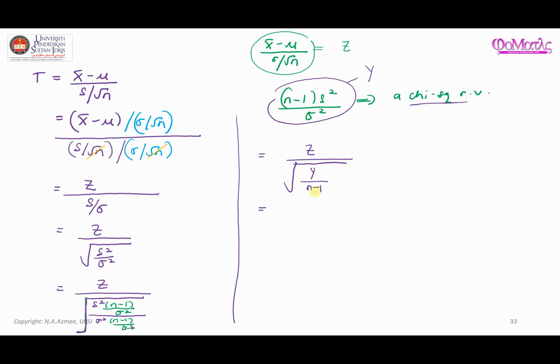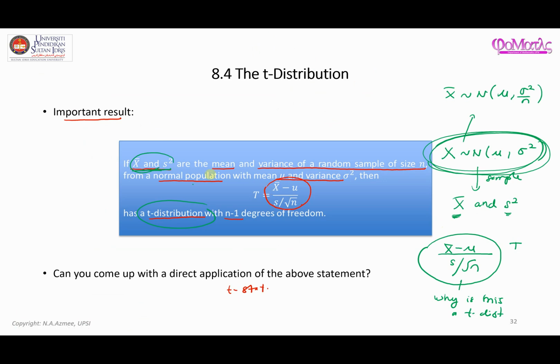So this one here is the degrees of freedom, and you can see that the degrees of freedom is equal to n minus 1. Therefore, I can say that this now looks like y over v, where v is equal to n minus 1, and v here represents the degrees of freedom. And this is the result given by this one here.